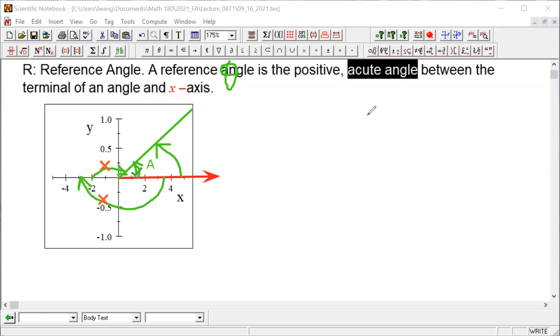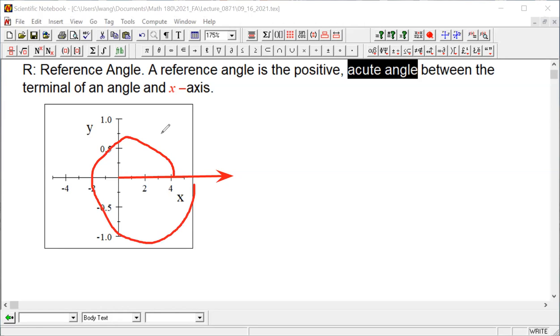For example, there's another case. So I have this standard position, and I'm going to measure my angles from the standard position. As the rule says, I'm going to end up like this.